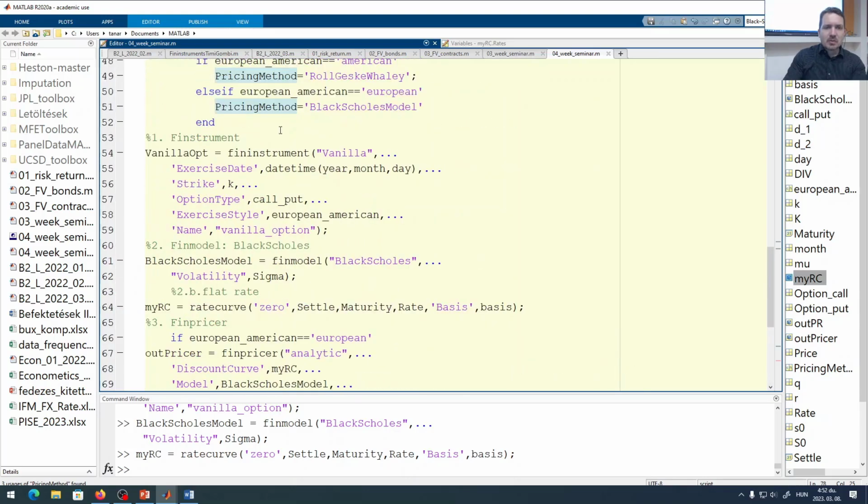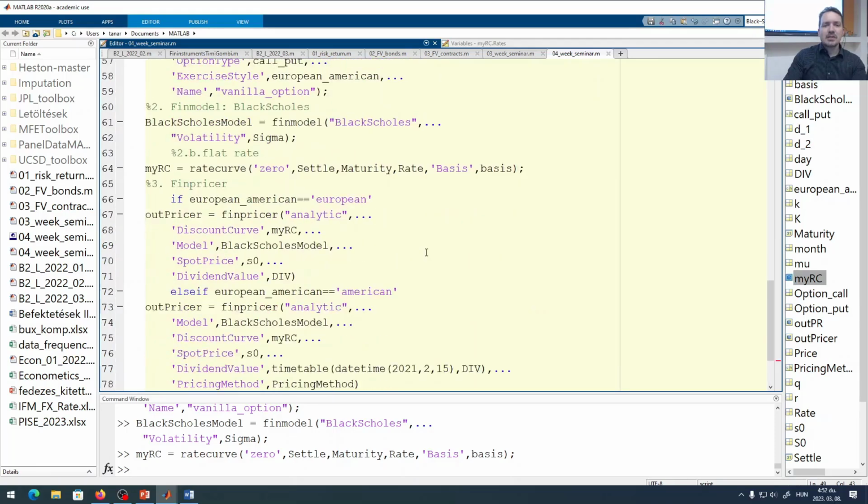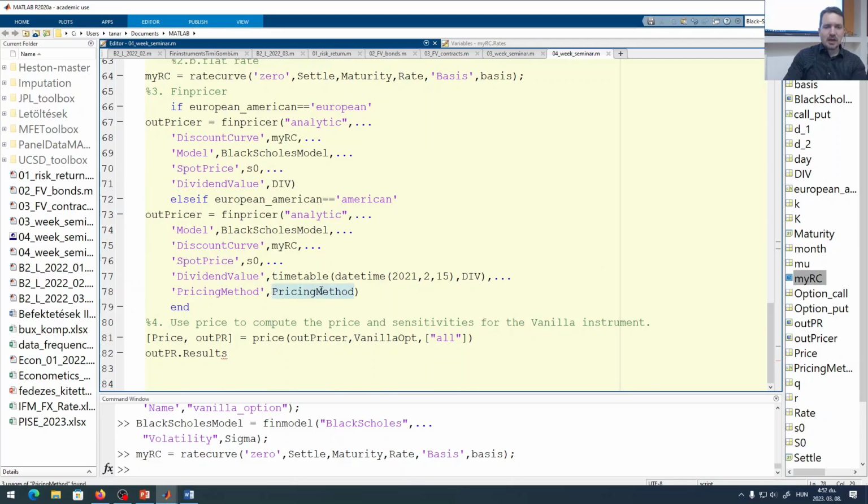And pricing method was defined here. So this is where it gives that we need a Roll-Geske-Whaley option pricing, but since it's a derivative of the Black-Scholes model, still the main model which will be used is the Black-Scholes model. Just after that, maybe it decides that okay, let's go with the other one.